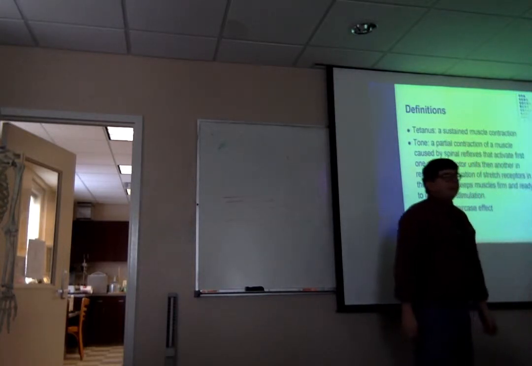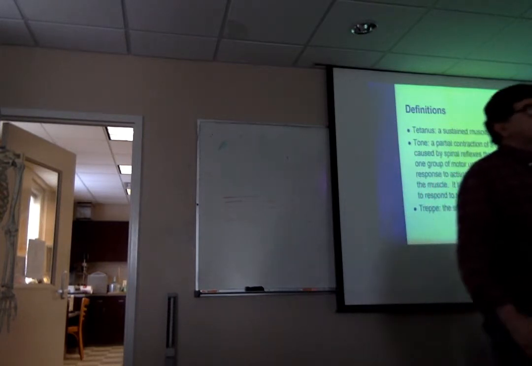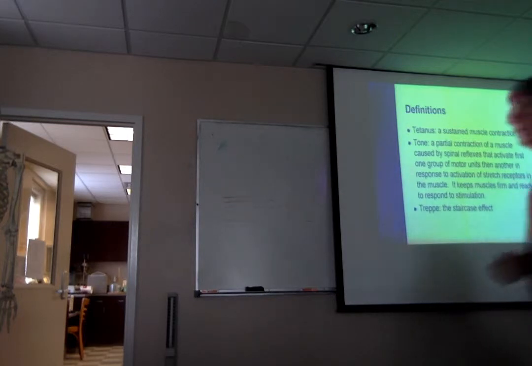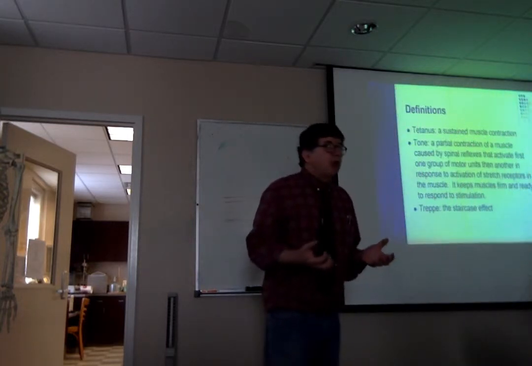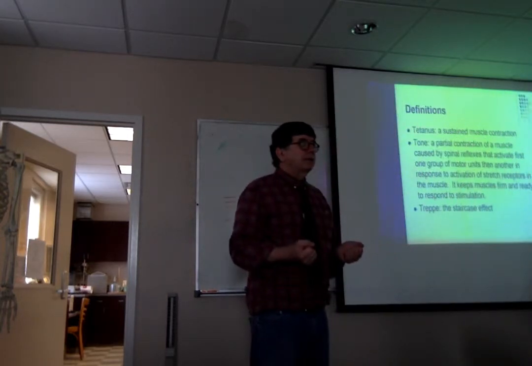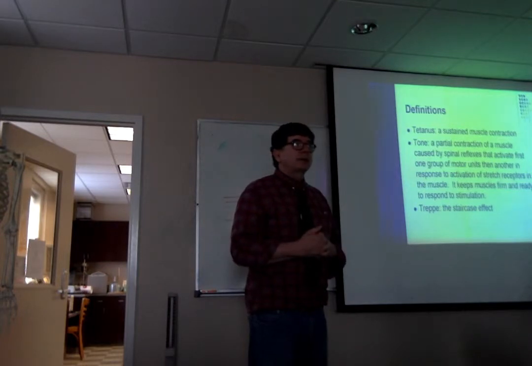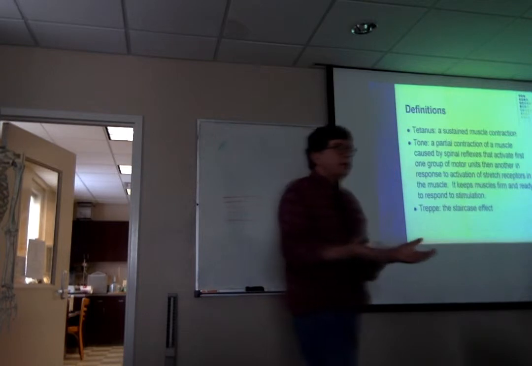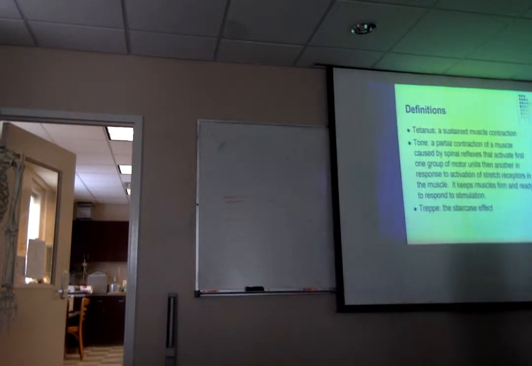Now, if the innervation to a muscle is completely cut, so that there's no transfer of impulses back and forth to the spinal cord, then that person's going to lose all muscle tone in that muscle. It would be equivalent to having a lower motor neuron injury. You're going to lose all muscle tone.